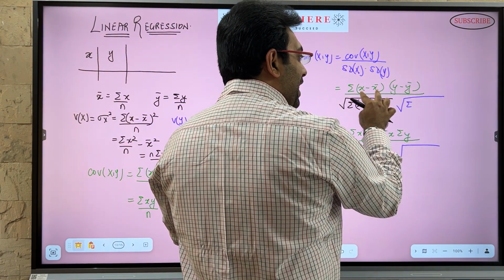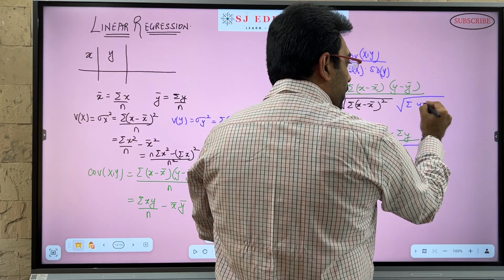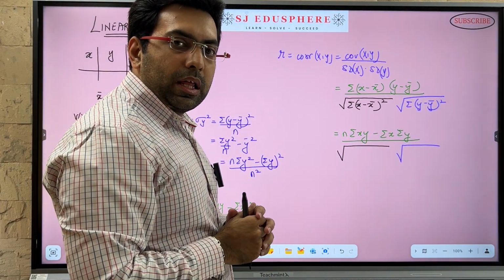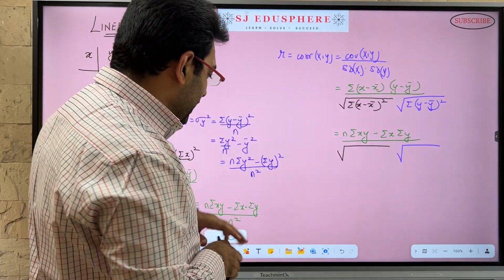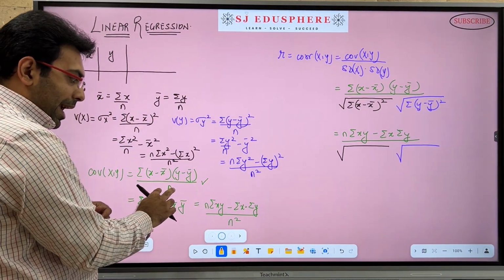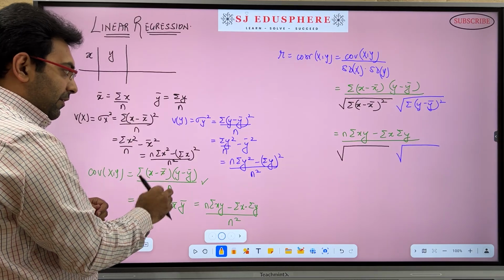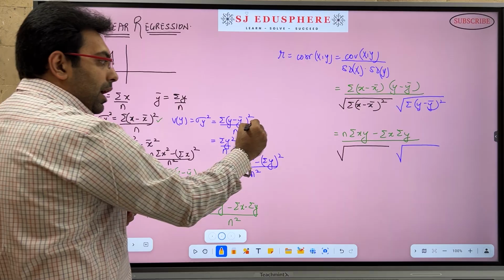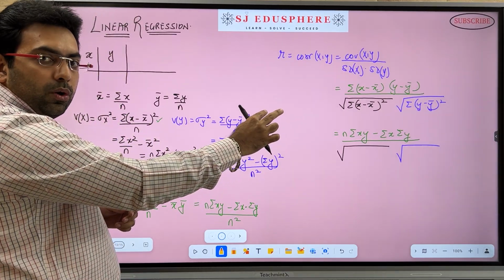So I will have y minus y bar into y minus y bar, which gives me y minus y bar the whole square. How did we get this? It is the green formula here with n in the denominator divided by the black formula here with n under root, and over here with n under root.